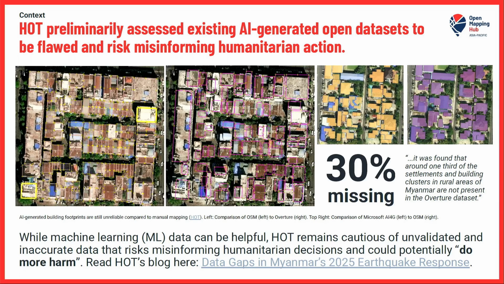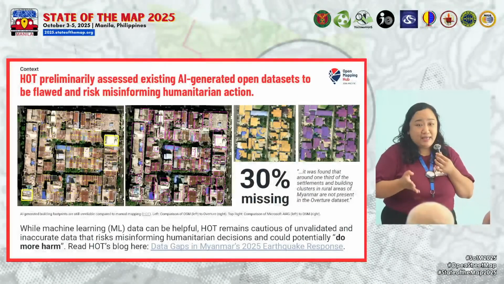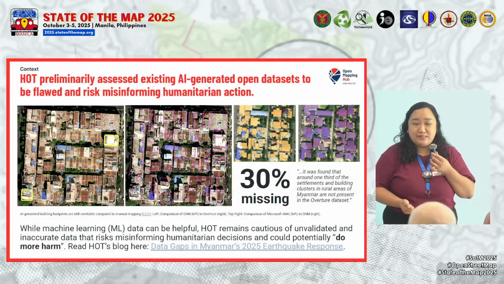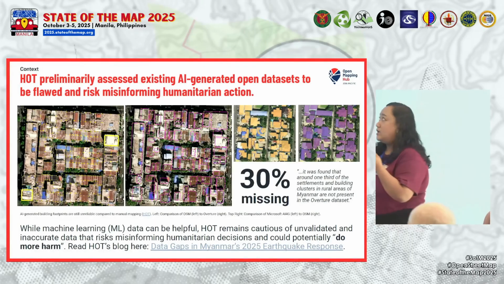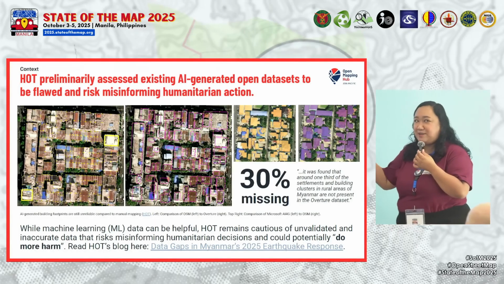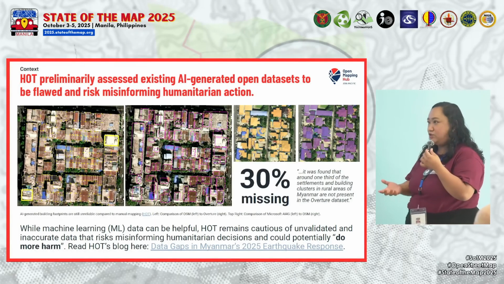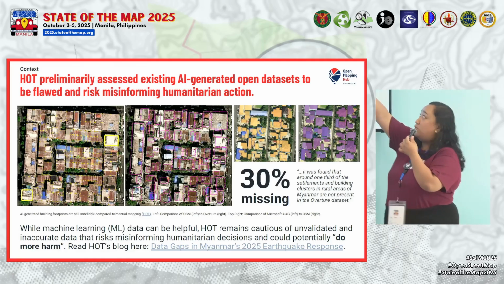Although some buildings are mapped correctly, some are also inaccurately mapped. And we have noticed in the AI-assisted building footprints that there are some weird shapes that they were able to generate, such as this one.